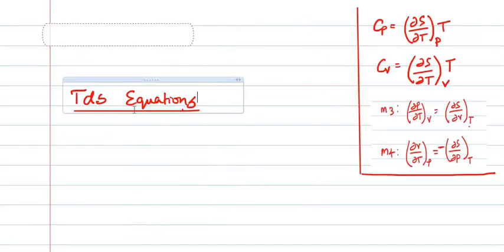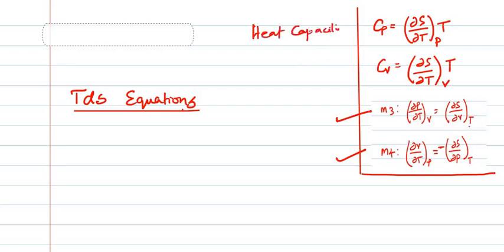To derive this TDS equation, we'll be requiring 2 equations from the Maxwell's relations, that is M3 and M4. Apart from this, we should know that the heat capacity at constant pressure, Cp, is equal to dou S by dou T at constant pressure into temperature.